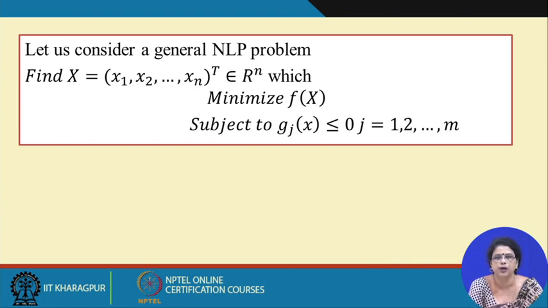For a minimization type of problem, we are considering the penalty function as a positive penalty function, because we are trying to minimize the objective function as well as the penalty function. In the penalty term there are two components, one is the penalty parameter and another one is the penalty function.